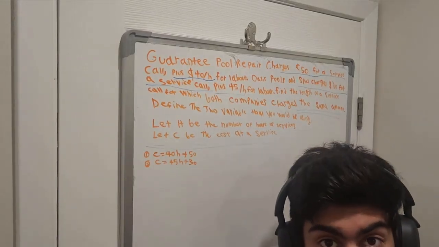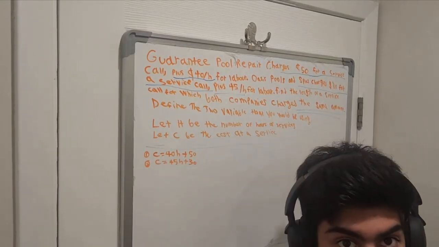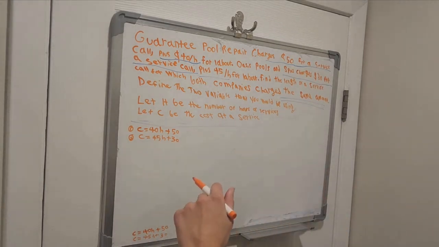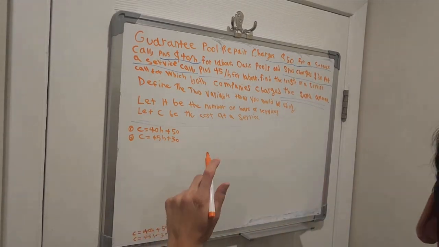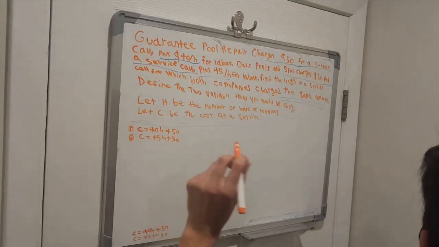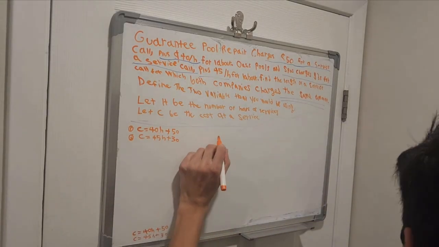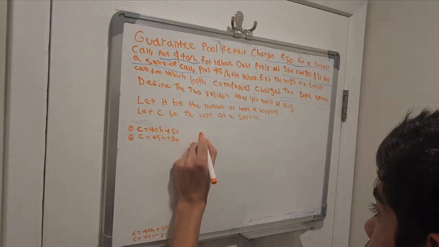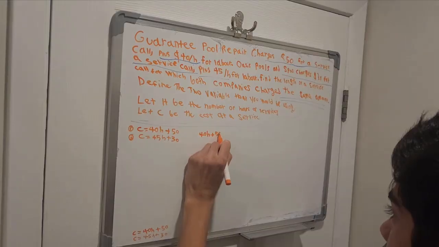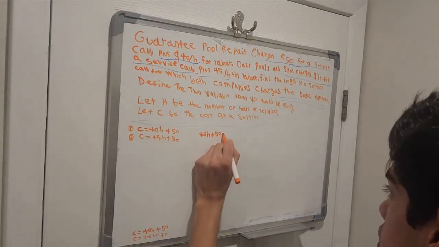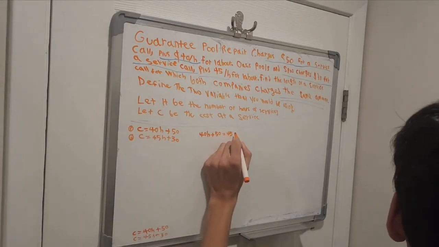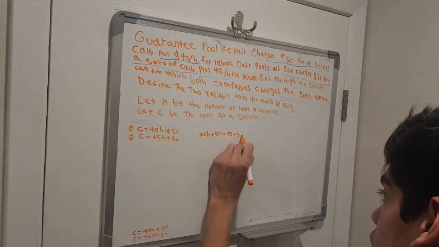If you keep up this far, then good job. You're doing good. Okay, so I'm on step 4 now, and let's solve this main thing. So just follow along. 40h plus 50 equals 45h plus 30.